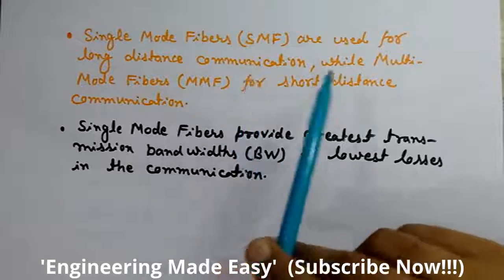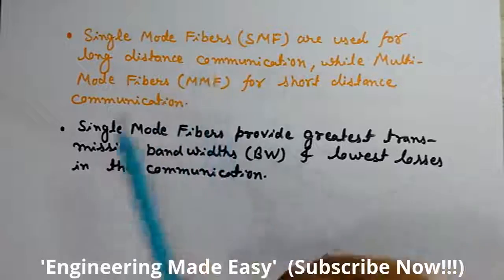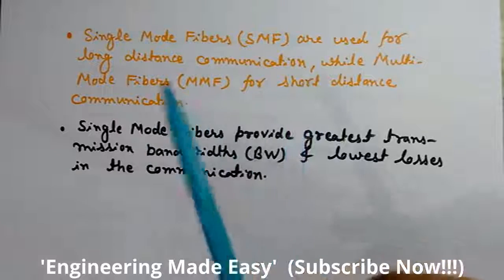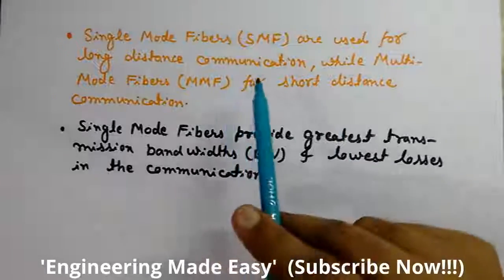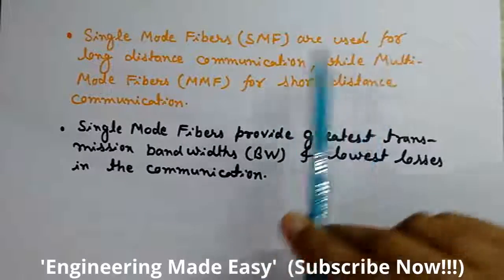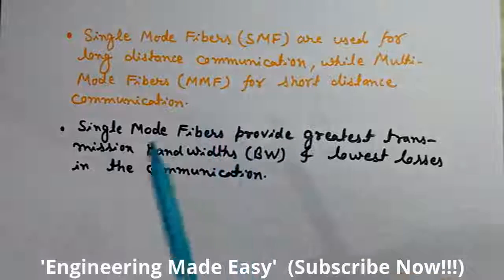In multi-mode fibers, we have lots of light rays propagating simultaneously inside the core, so they interfere with each other and broaden. We will see in the dispersion topic how the broadening of the light pulses takes place as they move through the optical fiber. This is not possible in single mode fibers, because there is only one mode of propagation, so they are used for long distance communication because of less losses.